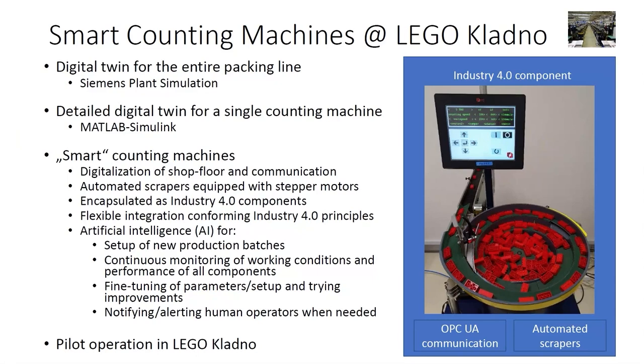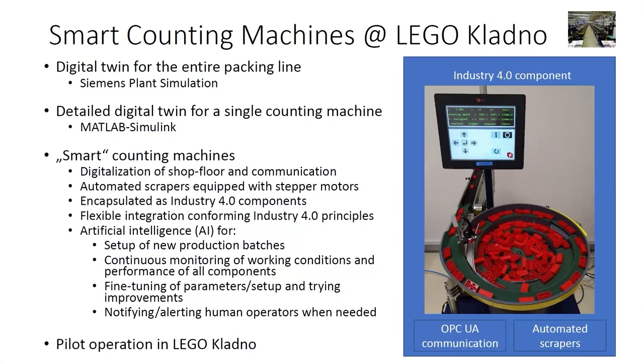To be able to introduce the AI-based control, we had to equip the machine with the communication protocol that is capable to transfer all the parameters that have to be set up there, and that were set up by human operators before.